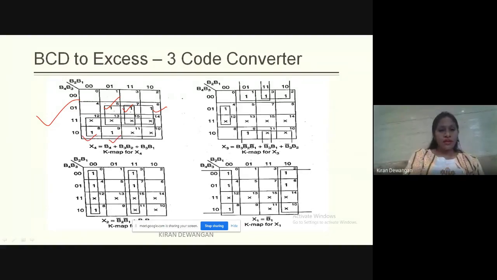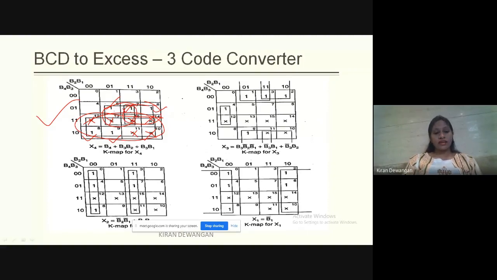So we have mapped our min terms which are present, and the don't cares are marked as 10, 11, 12, 13, 14 and 15. So we have marked all the don't cares also. So how many quads and octets are present? We can see, including the don't care, this can be converted to an octet. ये octet में convert हो जाएगा completely. And we have this quad and this quad.